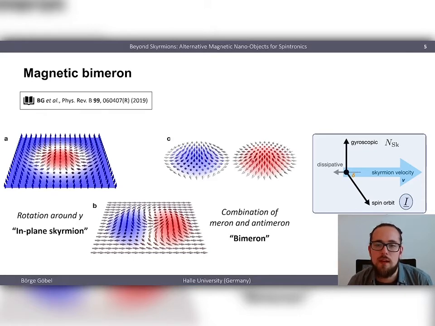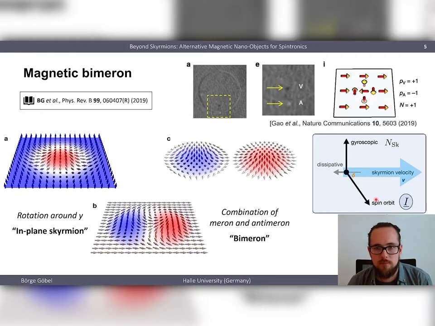So both of these have a topological charge of -1/2, so this one has a topological charge of -1, exactly the same as the skyrmion. And when we rotate this bimeron, you can come up with this ideal configuration of the forces, where the skyrmion Hall effect will be absent.